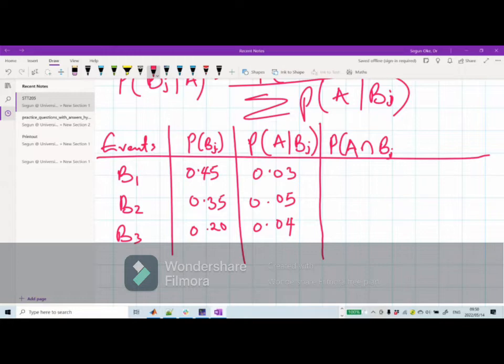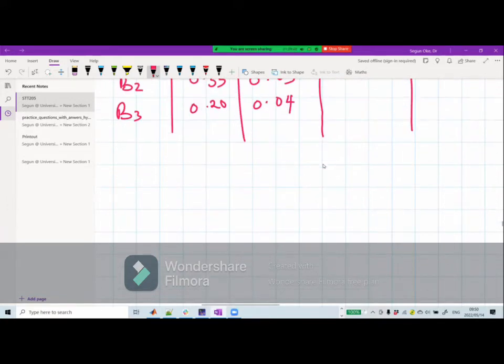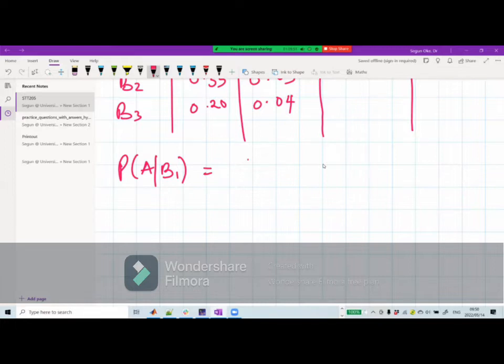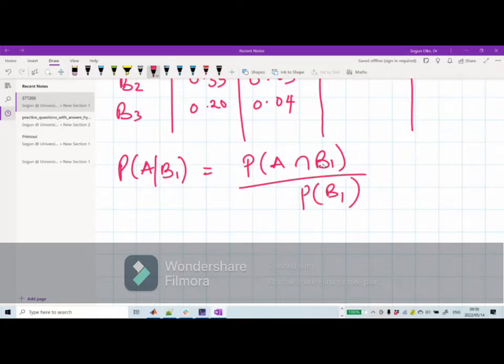We can define it by saying probability of A given B1 is the same thing as probability of A intersection B1 divided by probability of B1.